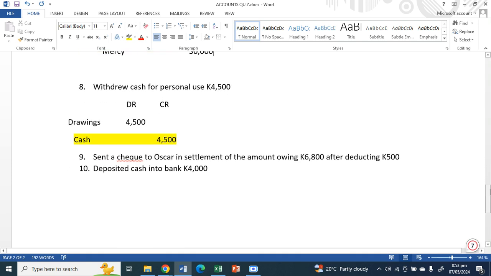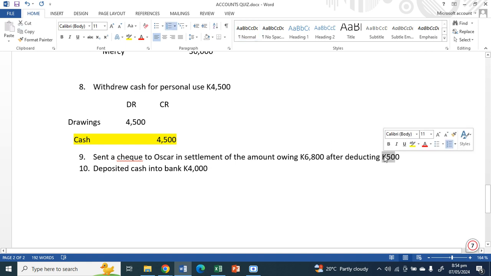Okay, then the next transaction, sent a check to Oscar in settlement of the amount owing 6,800 after deducting 500. So we were owing Oscar, he's a creditor, a payable, so that is treated like a liability. We've been given a discount.